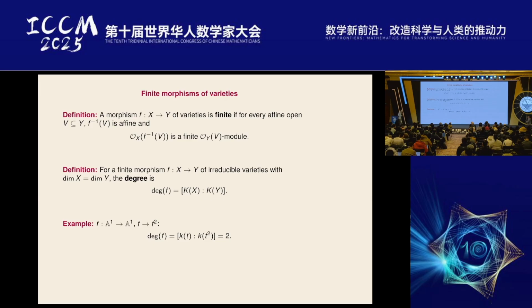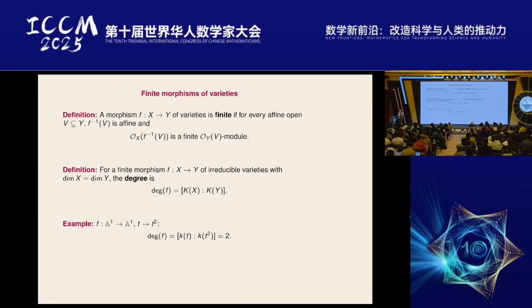Let's look at some, again, very basic examples for the students. If we take the affine line A1 to A1, so over the complex numbers this is just complex numbers to complex numbers, and you take t to t squared, then the degree of this finite map is the degree of the field generated by one variable over the field generated by t squared.